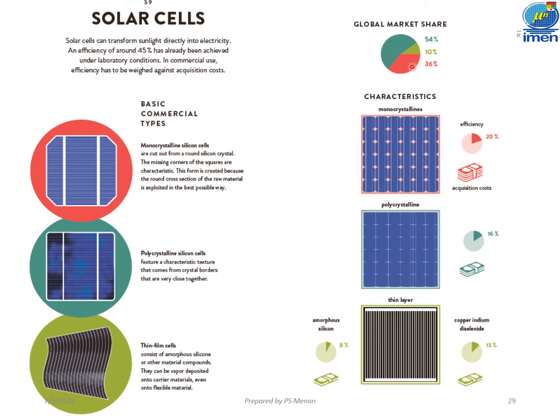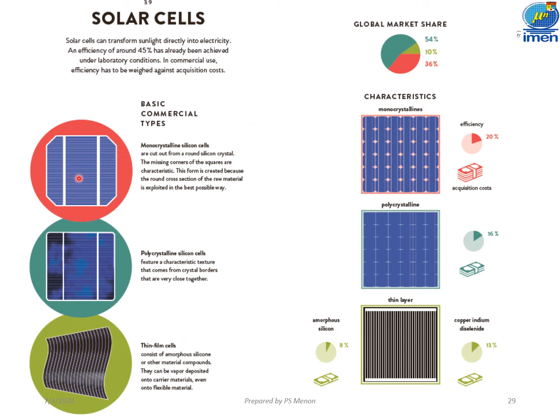There are basically three types of solar cells: monocrystalline silicon cells, polycrystalline silicon cells, and thin film cells. In the global market share, the red color is monocrystalline, about 36%. The dark green is the polycrystalline solar cell, and finally the thin film solar cell is about 10%.